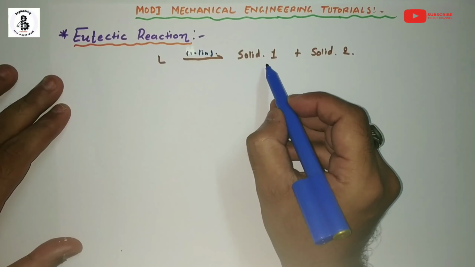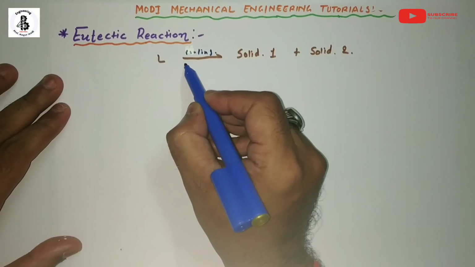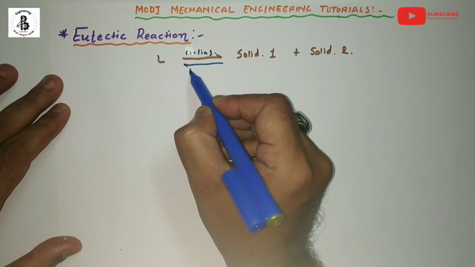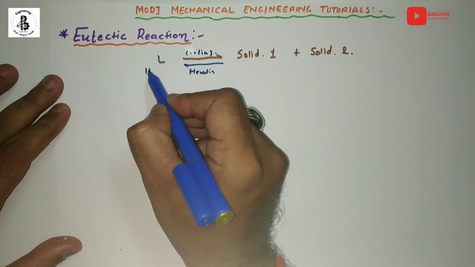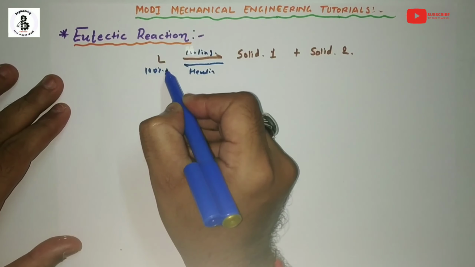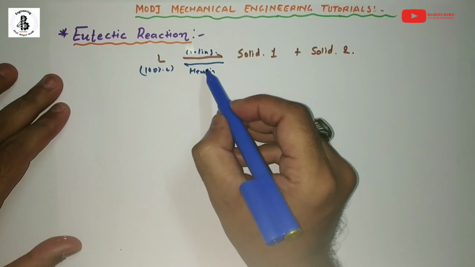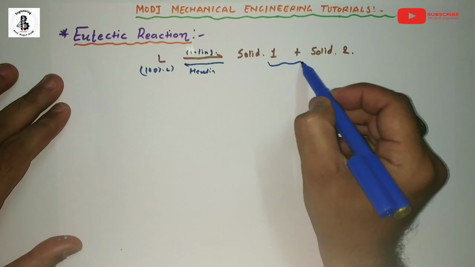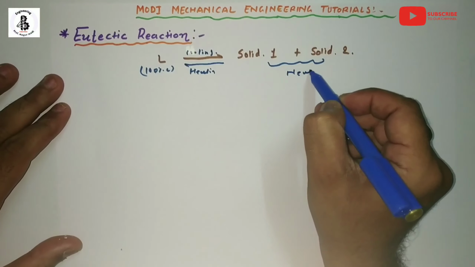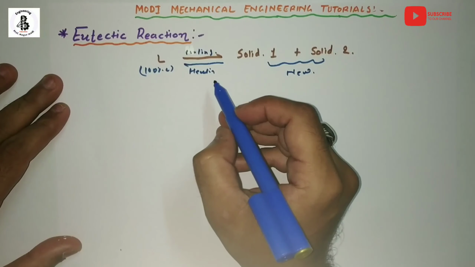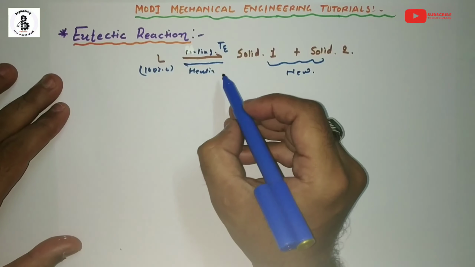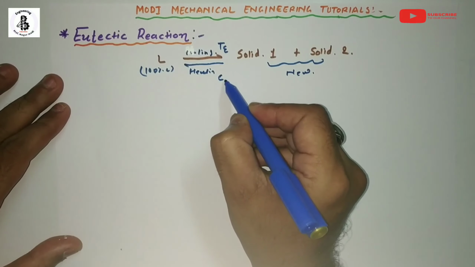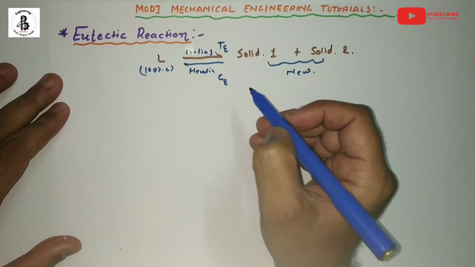And suppose we heat these two solids, they will also convert into a liquid. So here you can see 100% liquid transforming into two new solids. That temperature is known as the eutectic temperature, and the specified composition is known as the eutectic composition.